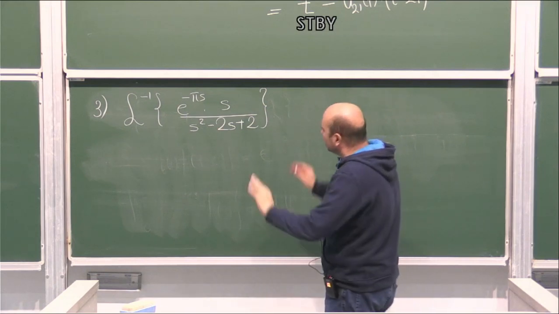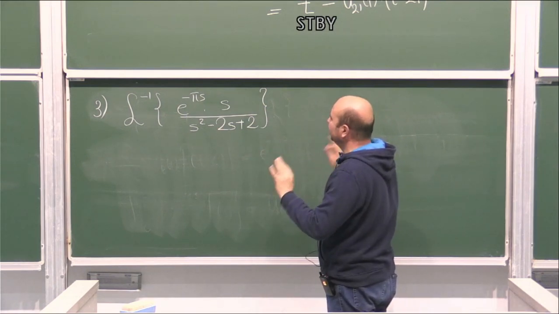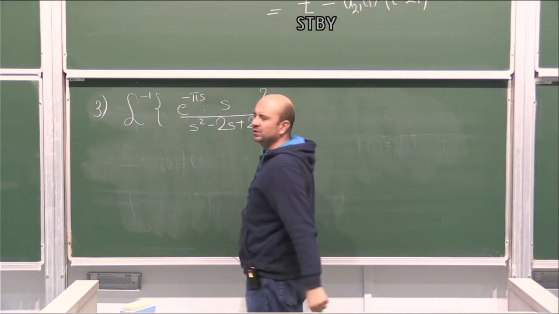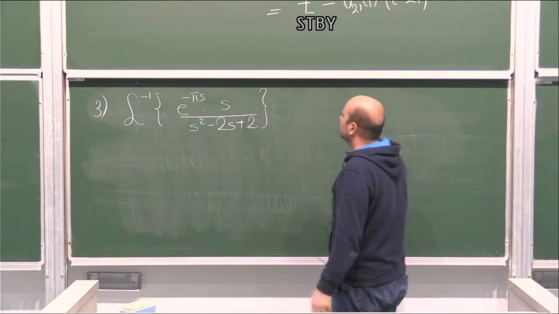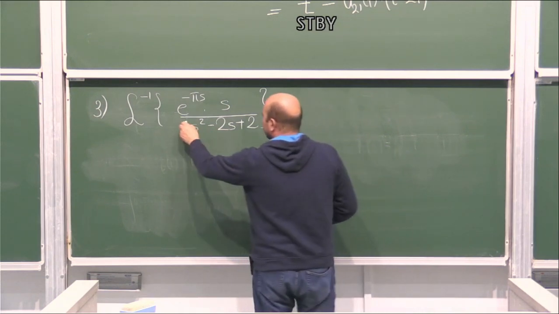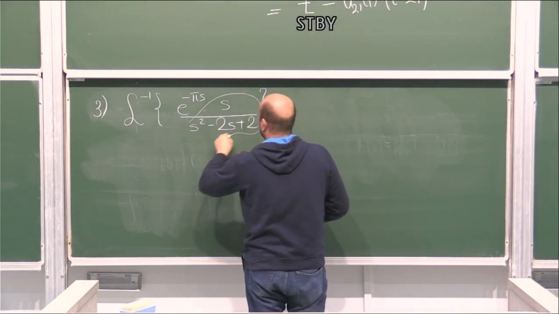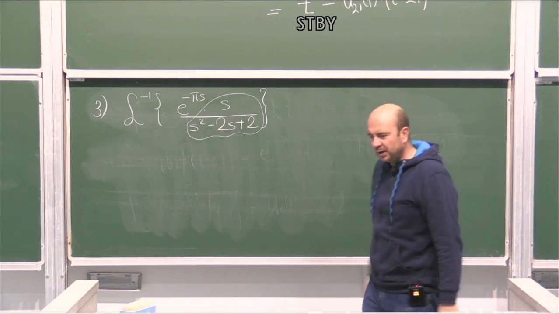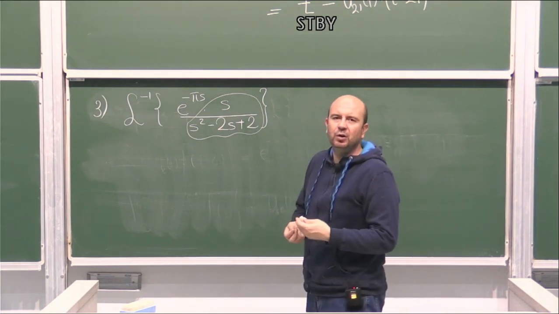So this time again, when we see an exponential in the s domain, we understand that in the t domain it will give us a step function. So then it's all about what is going to happen here. This part must be written in terms of well-known pieces.